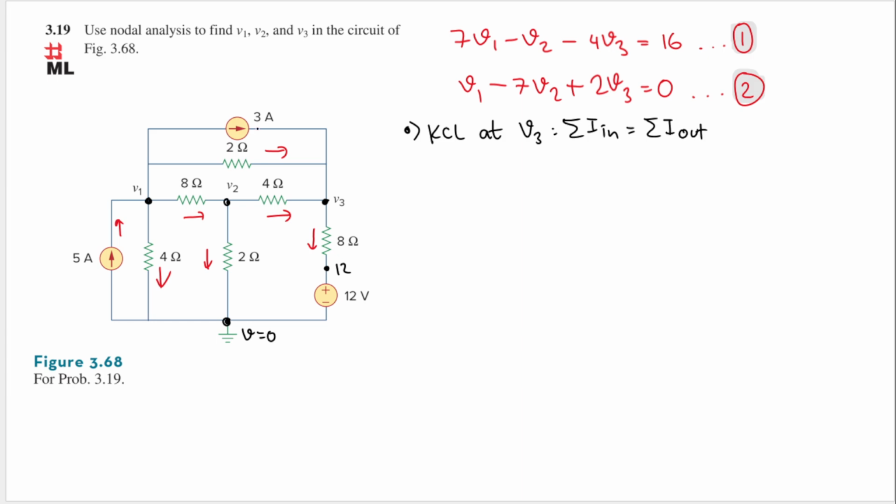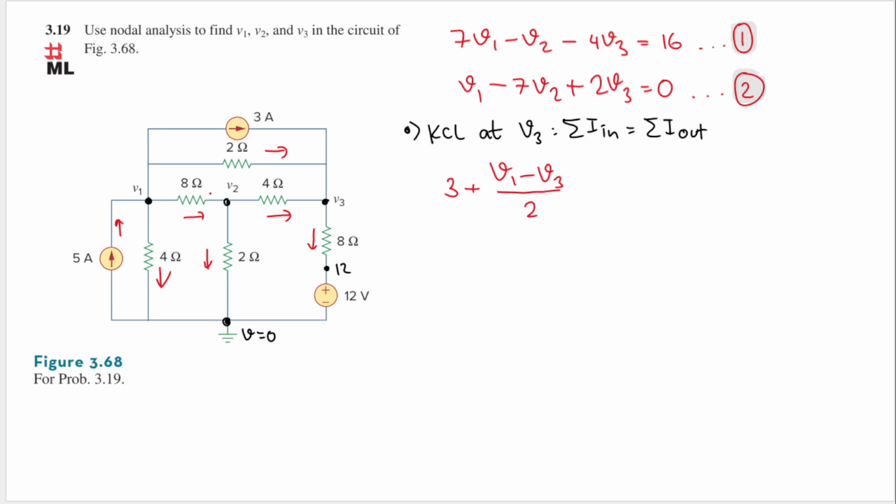Okay, there are 3 currents that go in. Let's work from this one here. I will have 3 there, and then this one is V1 minus V3 divided by 2.